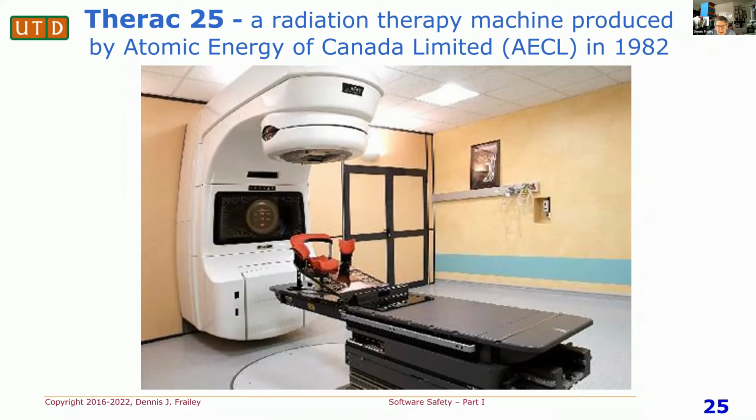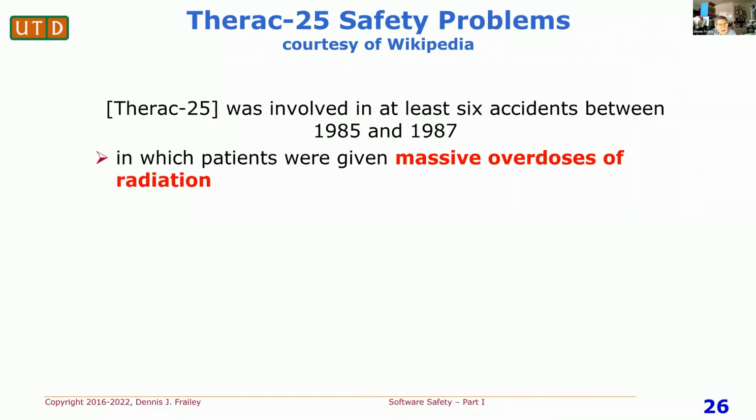Now, this machine was designed to do two things: to do analysis of situations by sending very low doses of radiation, and to do curing of certain cancers by sending in high doses of radiation. One of the mistakes was having a machine that could do both of those at the same time. It seemed like a good idea since most of the equipment needed to be the same, but it turns out there was a safety issue we're going to talk about.